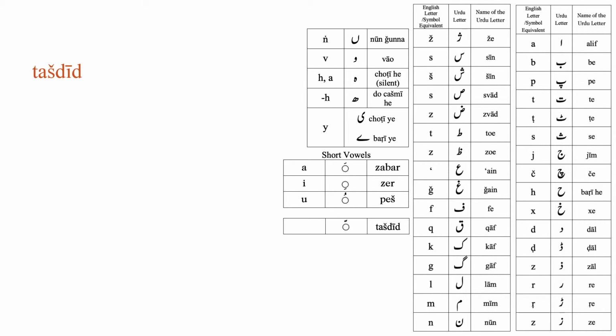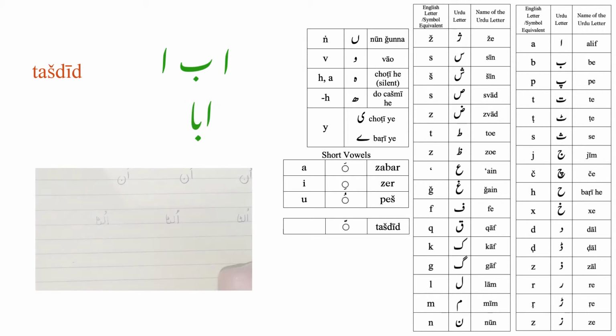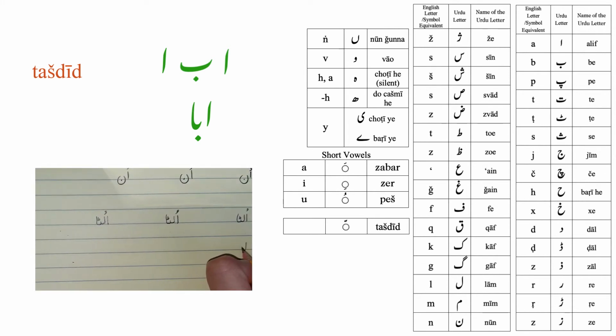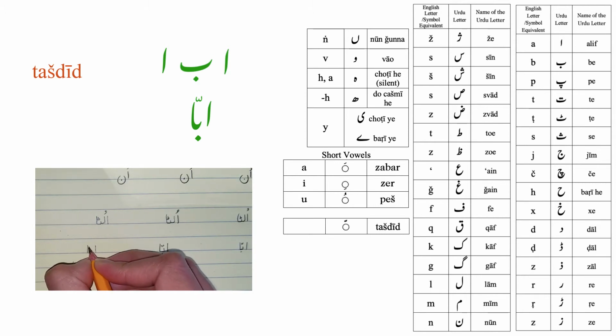For example, the word abba. Notice that it has a double B sound, right? Instead of writing out be twice to produce that b sound, what we do is we place a tashdid above the be. And that just indicates that you're supposed to pronounce it twice.